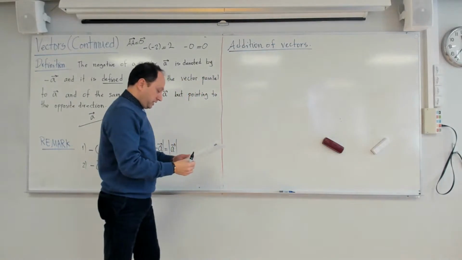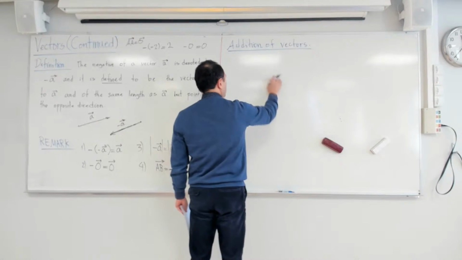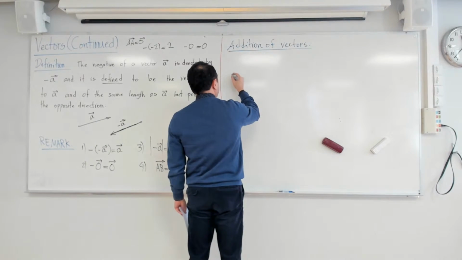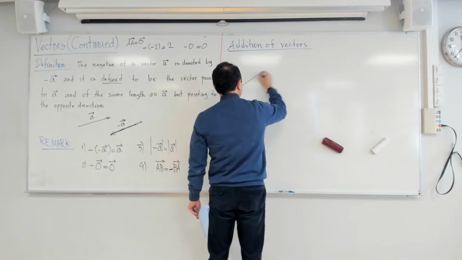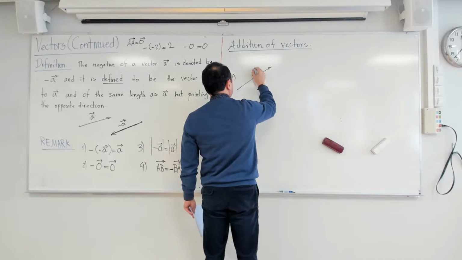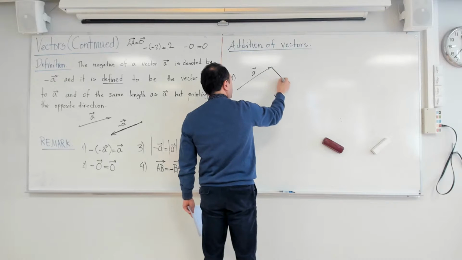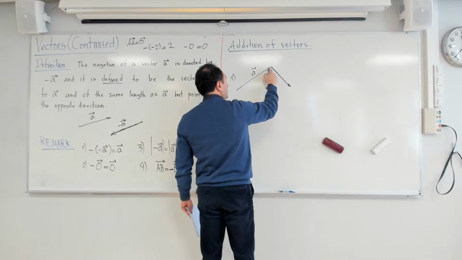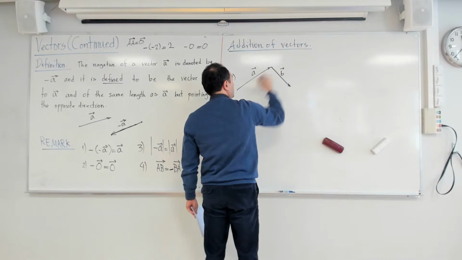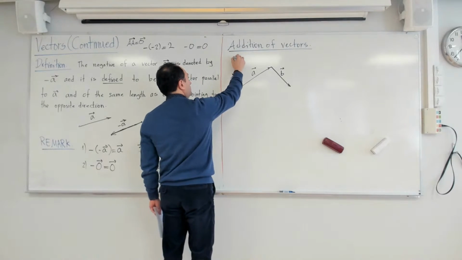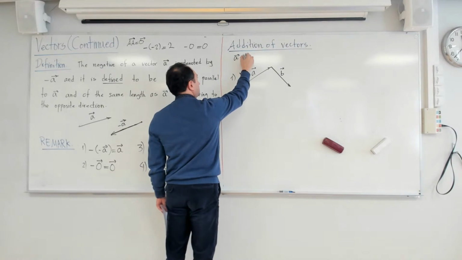Do you remember what I told you? Let me remind you by example. Assume that you have this vector, and then you have another vector which starts from the final point of the first vector. In each case, I want you to construct this vector.